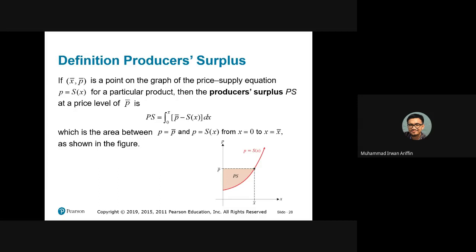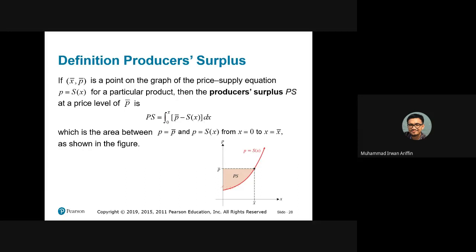If this is our supply curve, as you can see here, even at a price lower than P bar, some producers are willing to sell in the market, but of course with lower quantity. So producer surplus is represented by this area above the supply curve but under the market price P bar. They are willing to supply at a lower price, but they got a higher price.